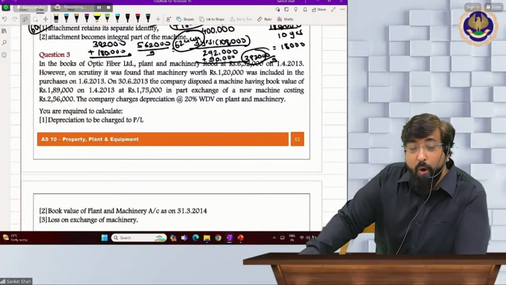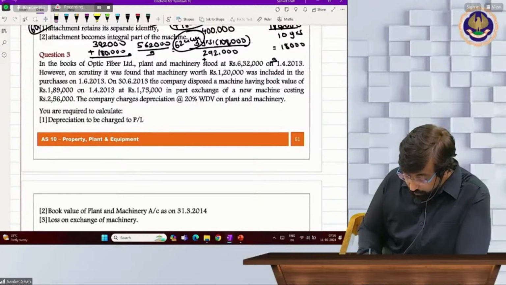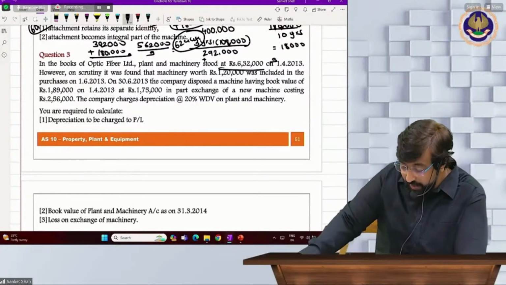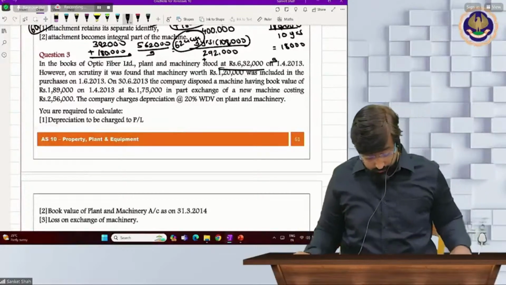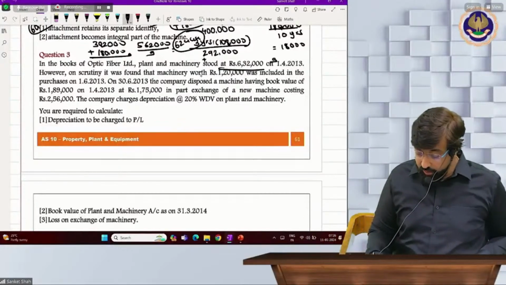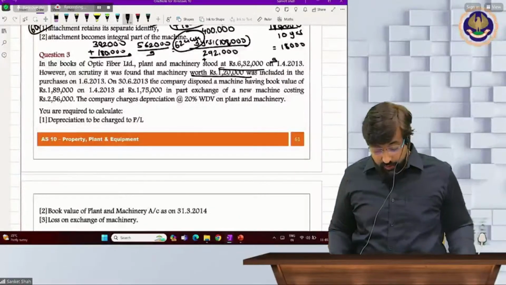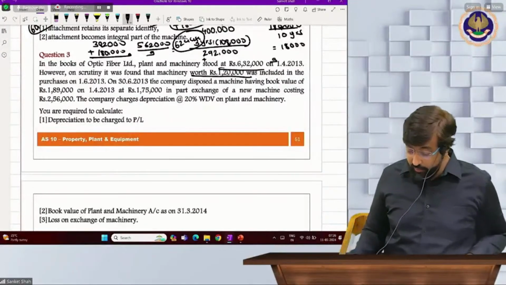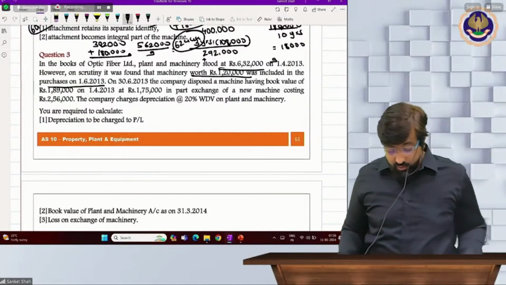In the books of Optic Fiber, I will read for you. The plant and machinery stood at rupees 6,32,000 on 1/4/2013. However, on scrutiny, it was found that machinery worth rupees 1,20,000 was included in the purchases of 1/6/2013.